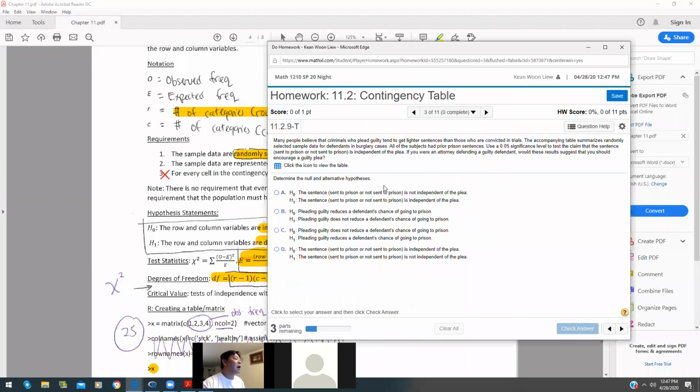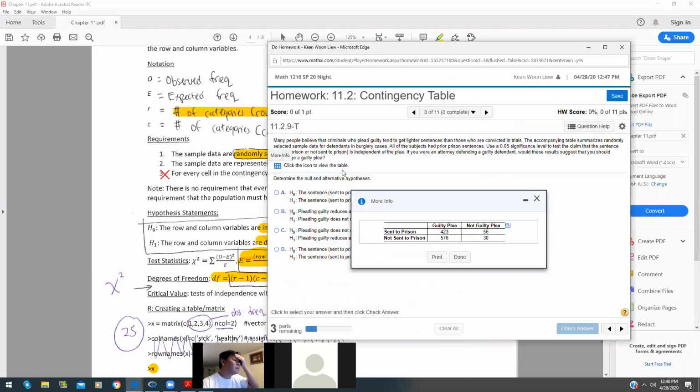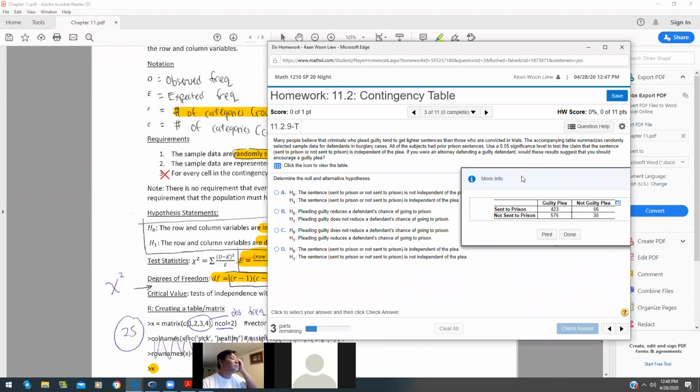Okay, so this is a table. See, we got this table. So many people believe that a criminal who pled guilty tends to get a lighter sentence than those who are convicted at trial. So the contingency table is randomly selected data for defendants in burglary cases, and all have prior sentences.